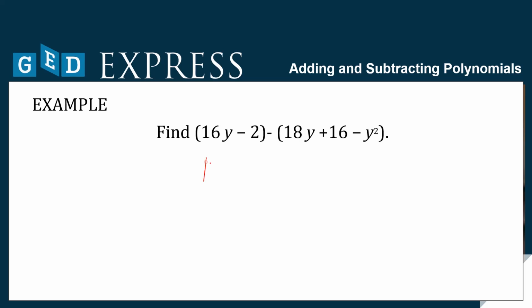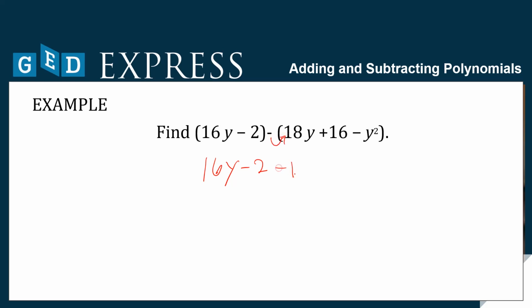We have 16y minus 2. However, the parentheses around 18y plus 16 minus y to the power of 2 cannot be dropped until the negative in front of them is distributed. So we need to distribute the negative.